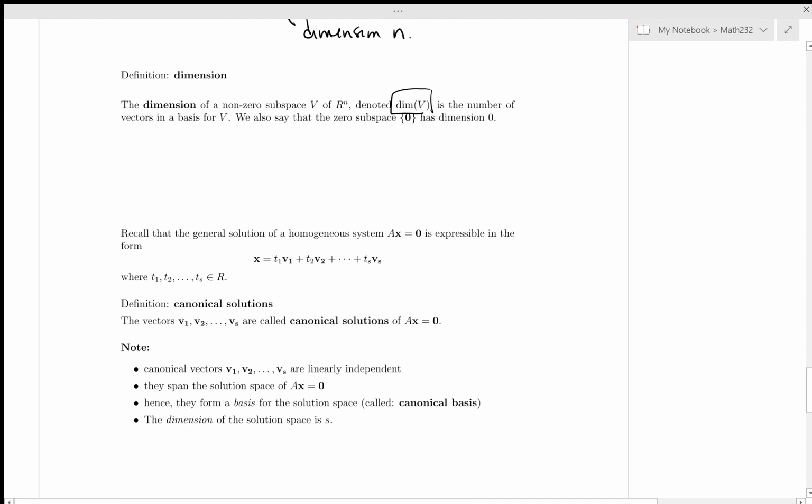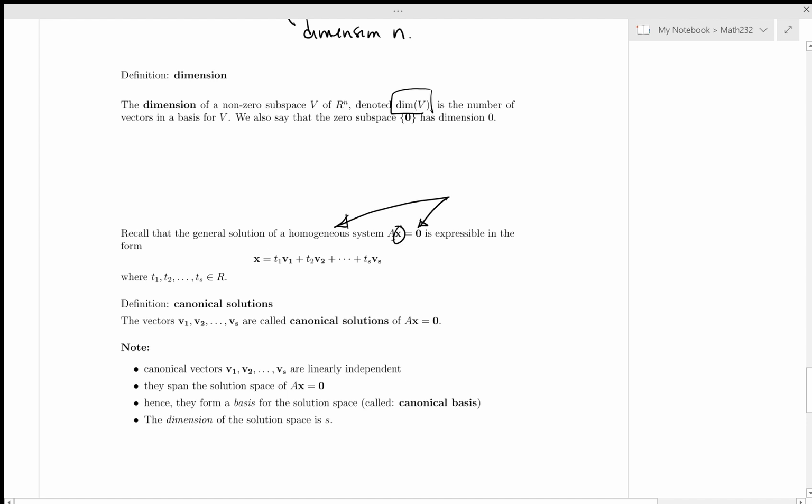Next thing to recall and reframe in a slightly different way: we've done this lots of times, we can have the general solution for a system of linear equations, and when the right-hand side is 0, we call this a homogeneous system. We can always express the general solution, the vectors x that solve this.